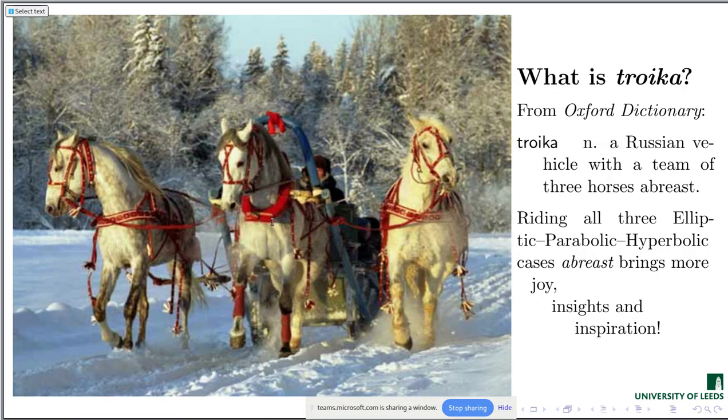Finally, I promised to tell you what Troika is. Troika is a type of carriage with three horses in Russian. Of course, it's usually enough to have just one horse to drive a carriage, and maybe if a person is rich, they can use two horses at the same time, but three horses give more fun, more enjoyment, and bigger speed in movement.